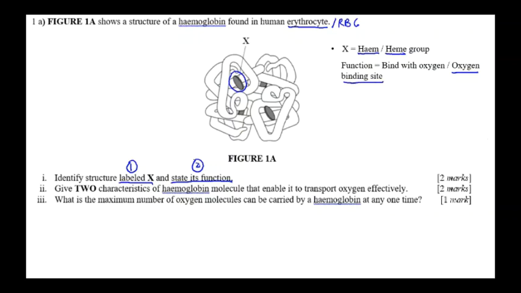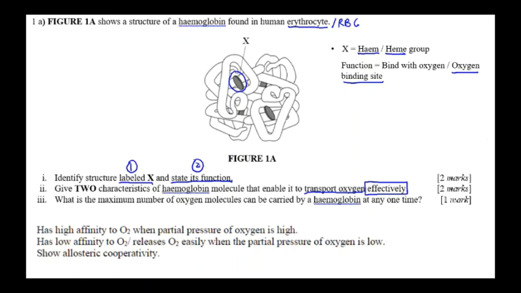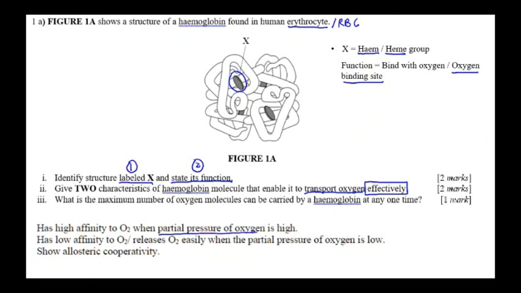The second question, give two characteristics of hemoglobin molecule that enable it to transport oxygen effectively. This is all dependent on the affinity of the hemoglobin to oxygen. So, the affinity of hemoglobin to oxygen changes based on the partial pressure of oxygen.